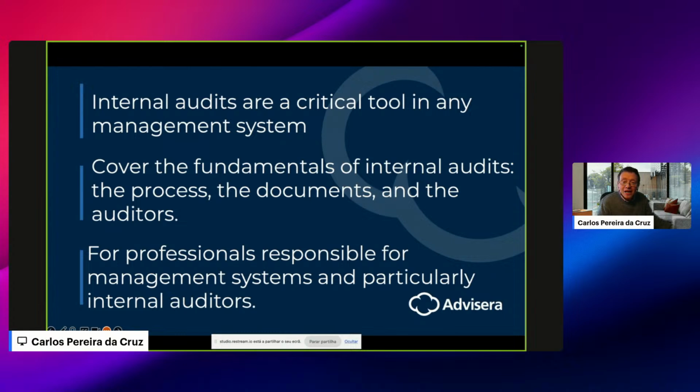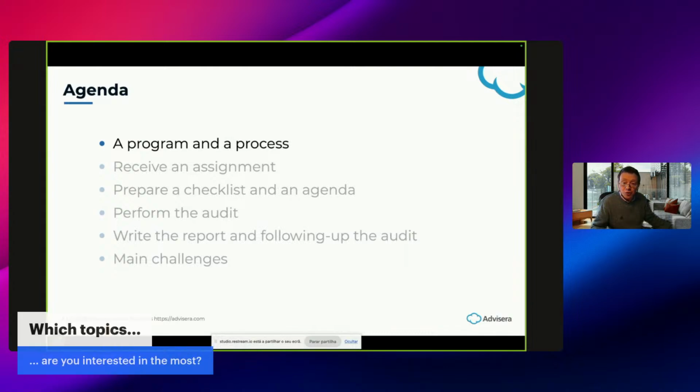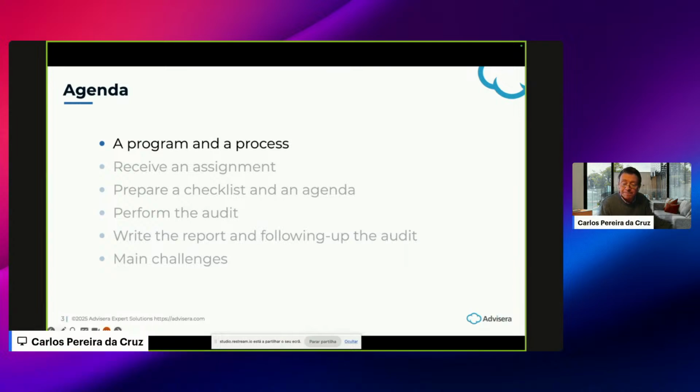Now, let's see our agenda for today. We'll discuss the following topics. First, we will discuss the audit program and see internal audits as part of a process. Everything starts when you, the auditor, receive an assignment. No audit should be performed without a checklist. That's the next topic.